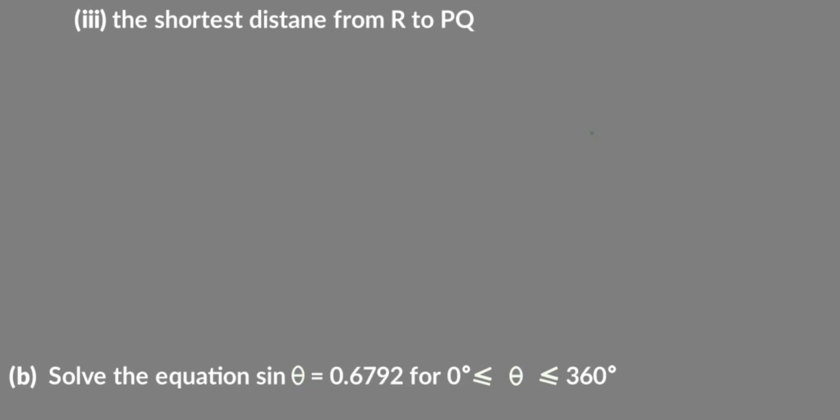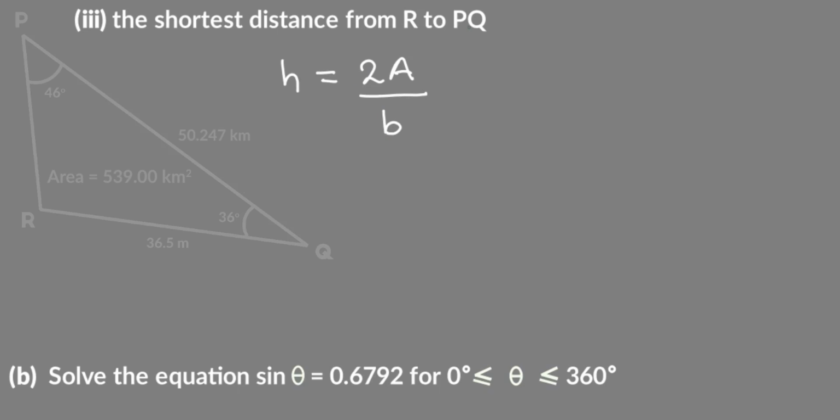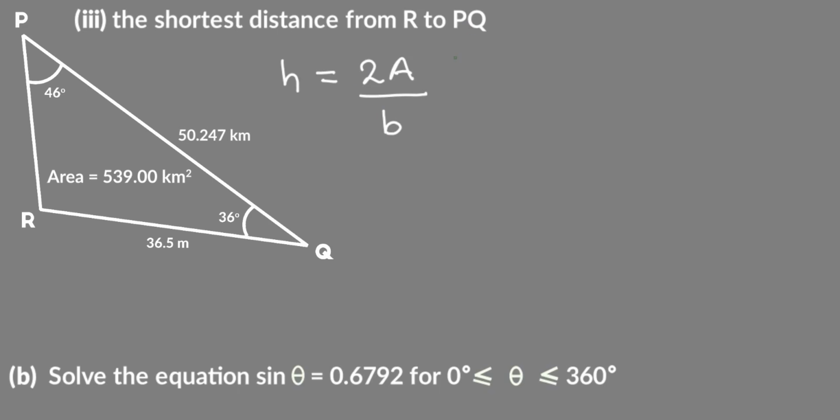Next, we find the shortest distance from R to PQ. Whenever we're asked to find the shortest distance, like I said, we just remember this simple equation. H is equal to 2A over B. B is going to be the side that we've been told to find the shortest distance to, and that side is PQ. And then A is our area. PQ was 50.2.